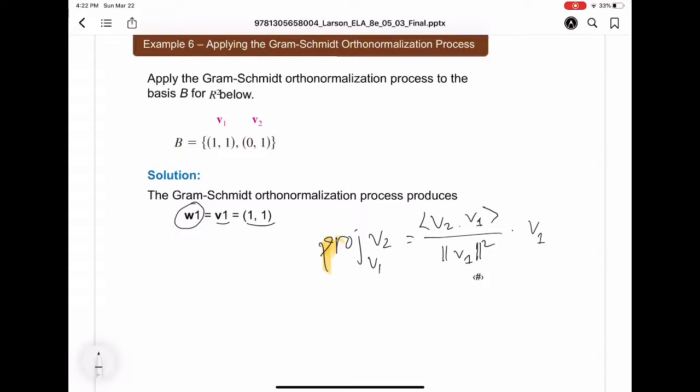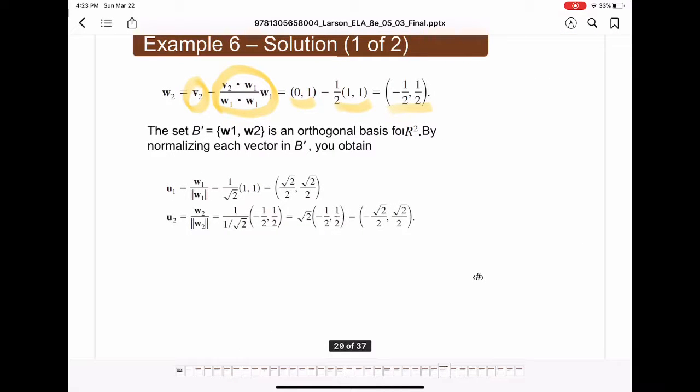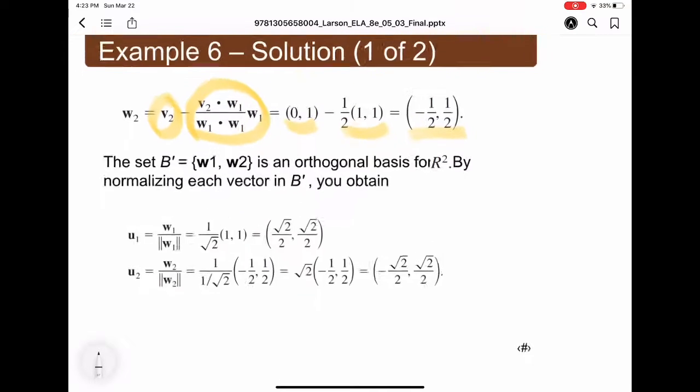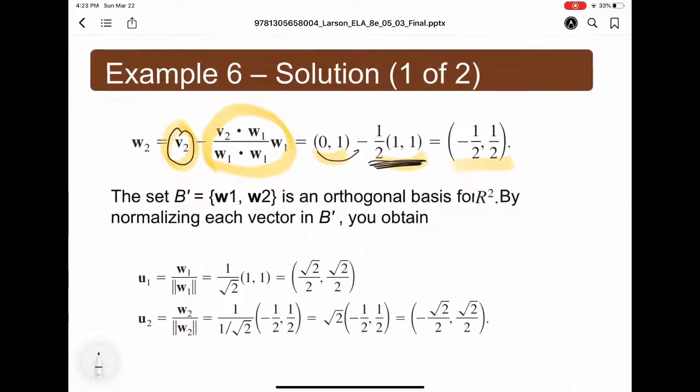The inner product is just the dot product, so I get 1, divided by the norm of V1 squared, which is 2, times (1, 1). That's why we have 1/2 and 1/2. Then you take V2, which is (1, 0), subtract 1/2 of (1, 1), and you get (-1/2, 1/2). That is your W2.